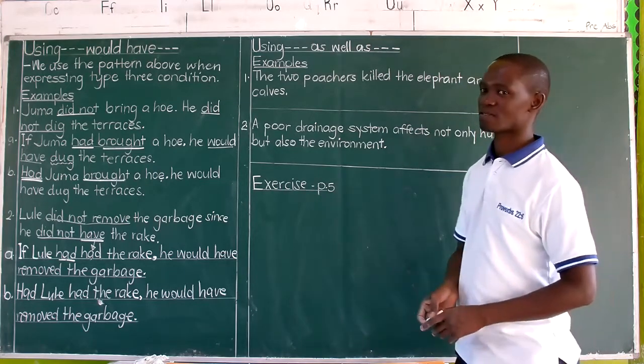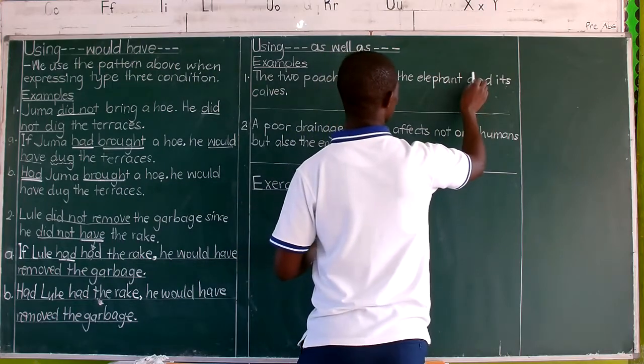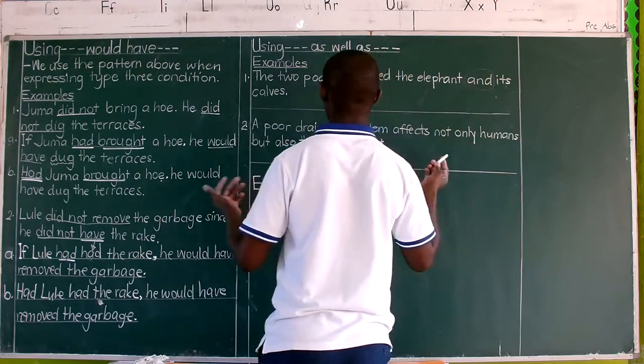Use as well as to mean and. Meaning, where I see and is where I place my as well as. Simple as that.